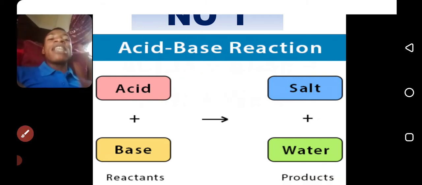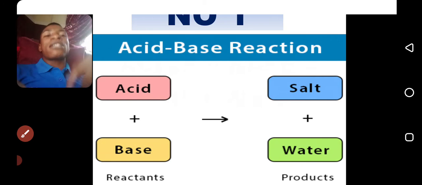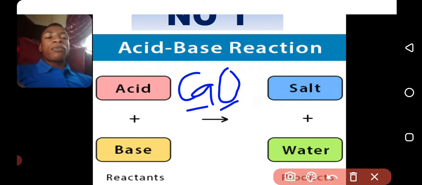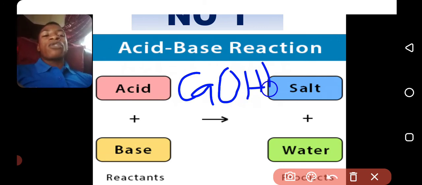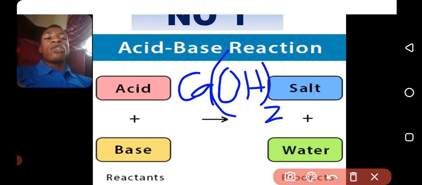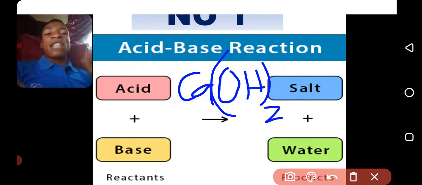Sometimes a base can also be a hydroxide of metals, like calcium for example. The hydroxide of calcium is also a base. So when you see hydroxide in a compound, that compound is a base, and if you see oxygen in front of a metal, it's also a base.